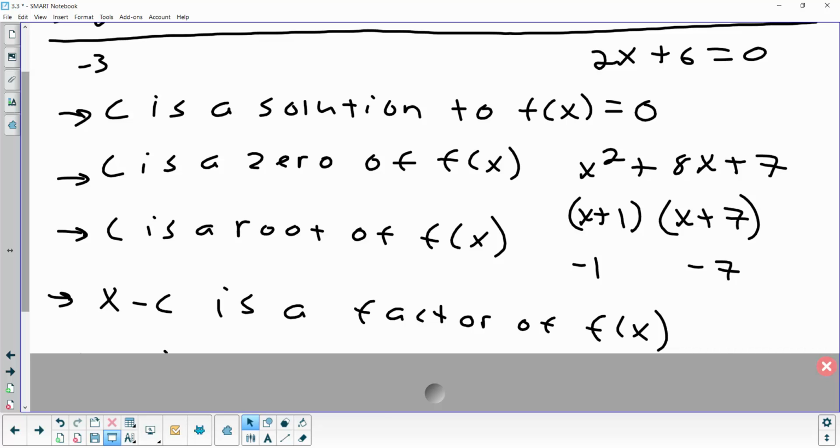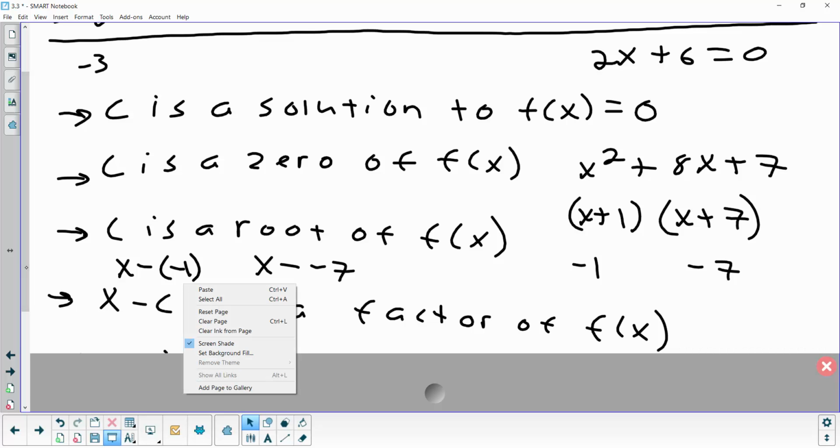But watch what happens if I write x minus the number he just said. X minus negative 1. That's a factor. X minus the other root that he just said, negative 7. That becomes x plus 7. So if you know a root and you write x minus that root, then you can get the factor of the equation.